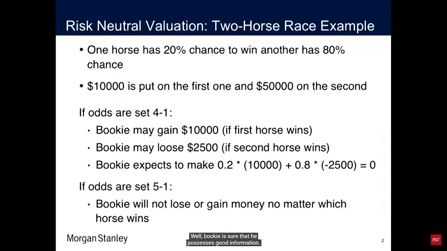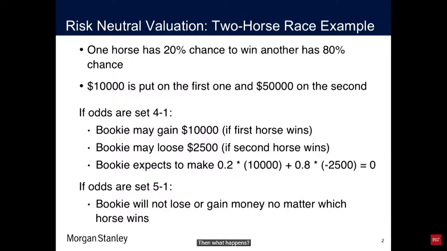Well, the bookie is sure that he possesses good information, so suppose he sets the odds according to real life probability. So he sets it 4-1. What would be the possible outcomes of the race for him, monetarily? Suppose the first horse wins.